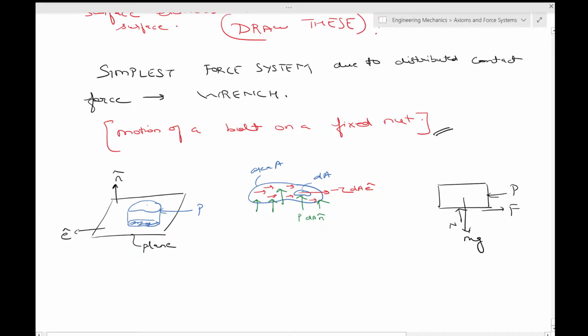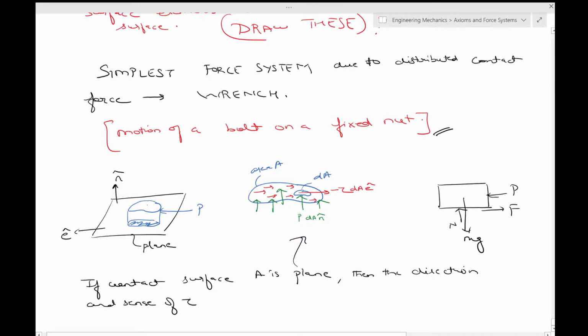So if the contact surface A is plane, then the direction and sense of tau is same at all points.